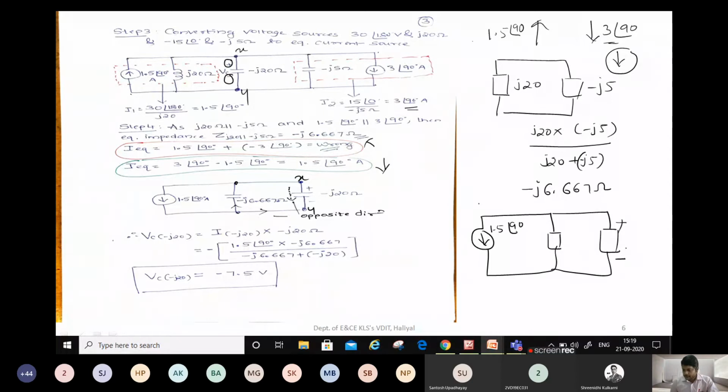So that means the current which is flowing through this, according to the passive sign convention, the current will flow from higher potential to lower potential. Okay. But the main current, it is flowing in this direction.